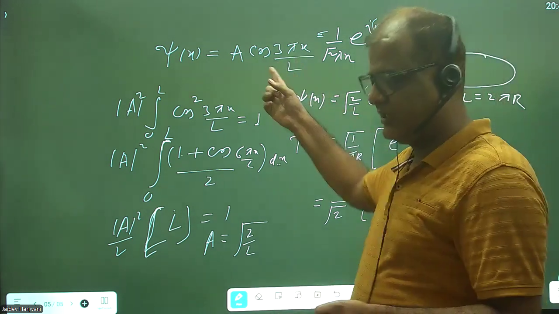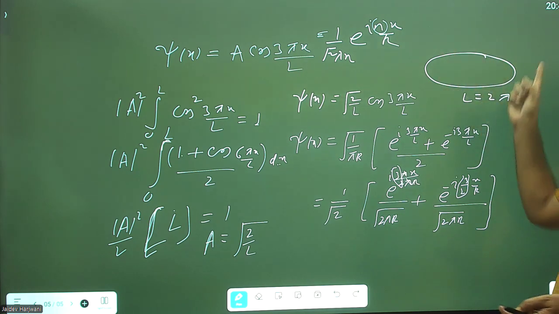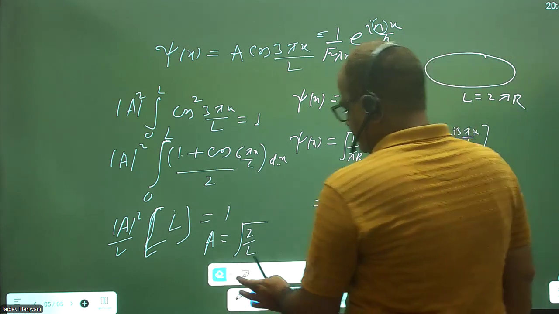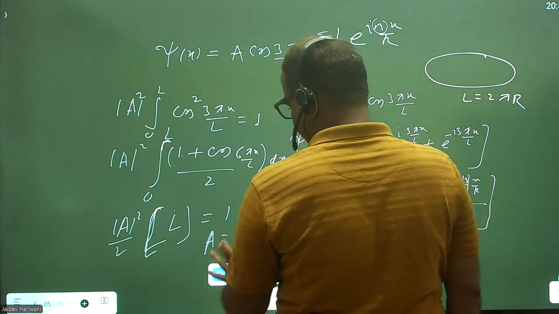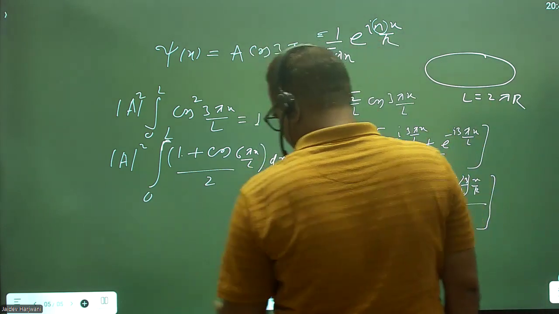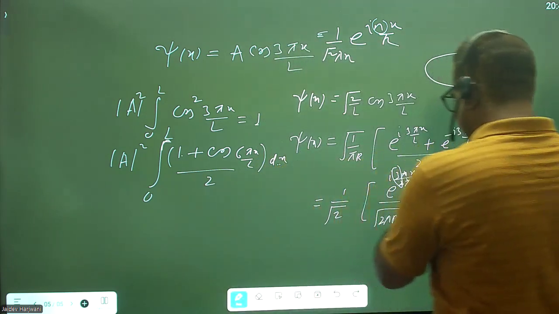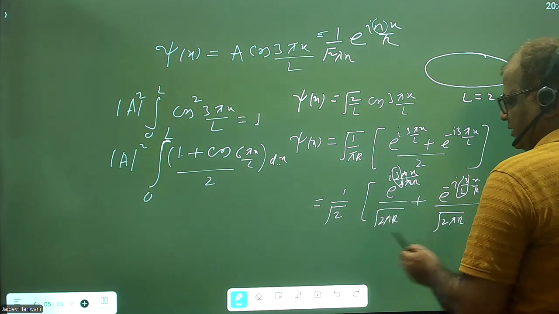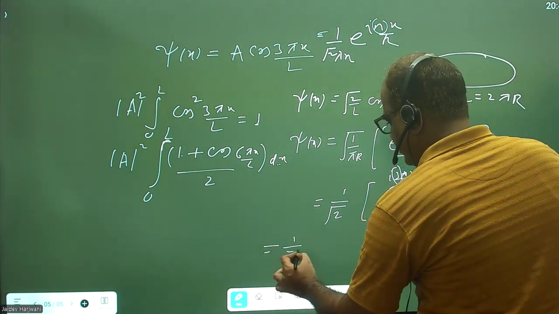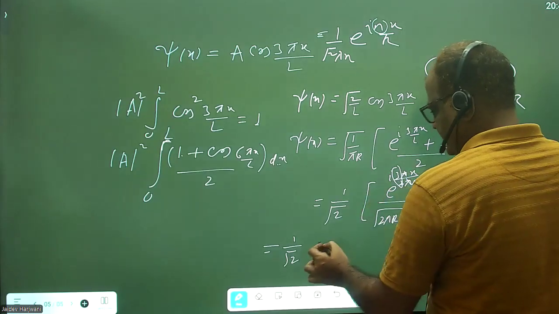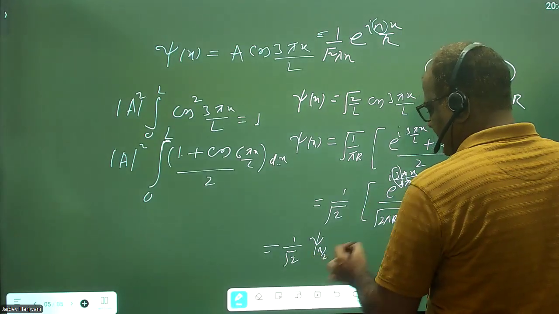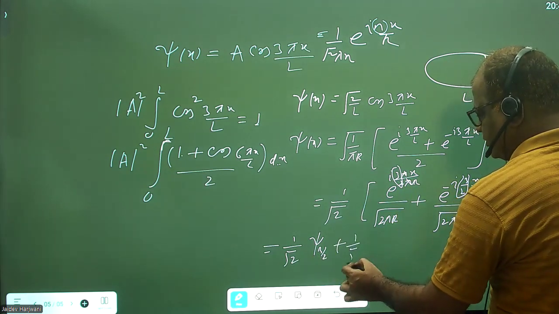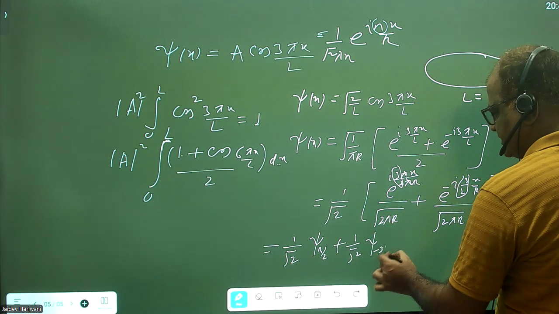If I define this function in a circular orbit, only two states are possible, and both have the same probability. So I can write this function as 1 upon root 2 psi 3/2 plus 1 upon root 2 psi minus 3/2.